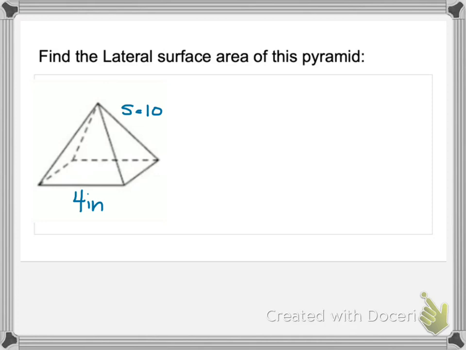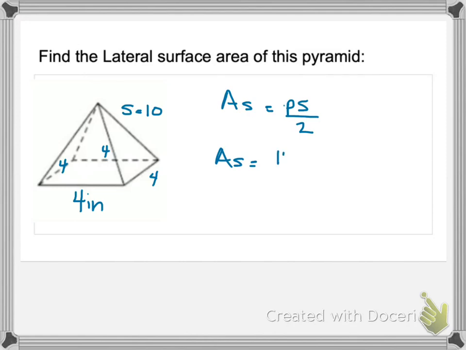Okay, so now we're going to find the lateral surface area of this pyramid. Okay, we're going to start by writing our formula. A sub S means lateral surface area, right? And it's PS divided by 2. A sub S is going to equal, what is my perimeter here? If I'm 4 by 4 by 4 by 4 all the way around, well, what do we have?